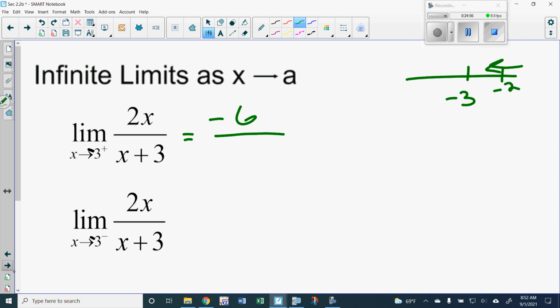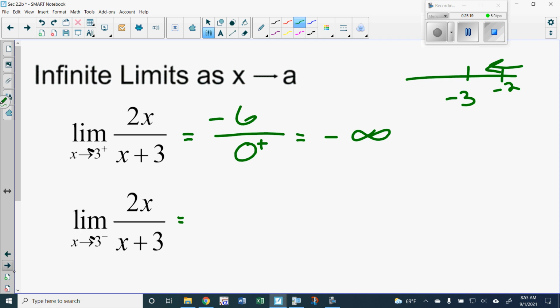So if I put negative 2 in there, is it positive or negative? Positive. So if I have negative 6 over a positive 0, what is that going to? Negative infinity, because I have a negative over a positive.